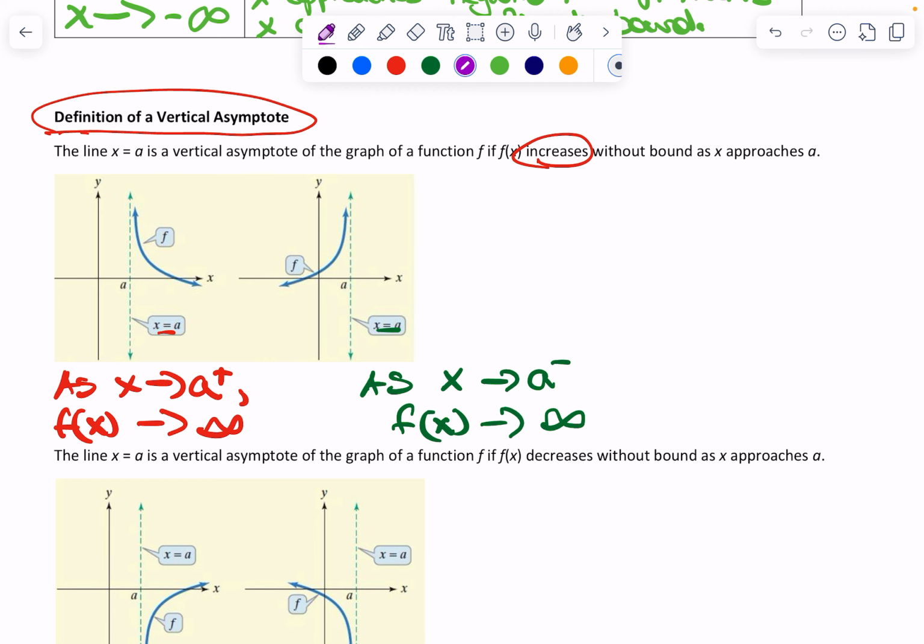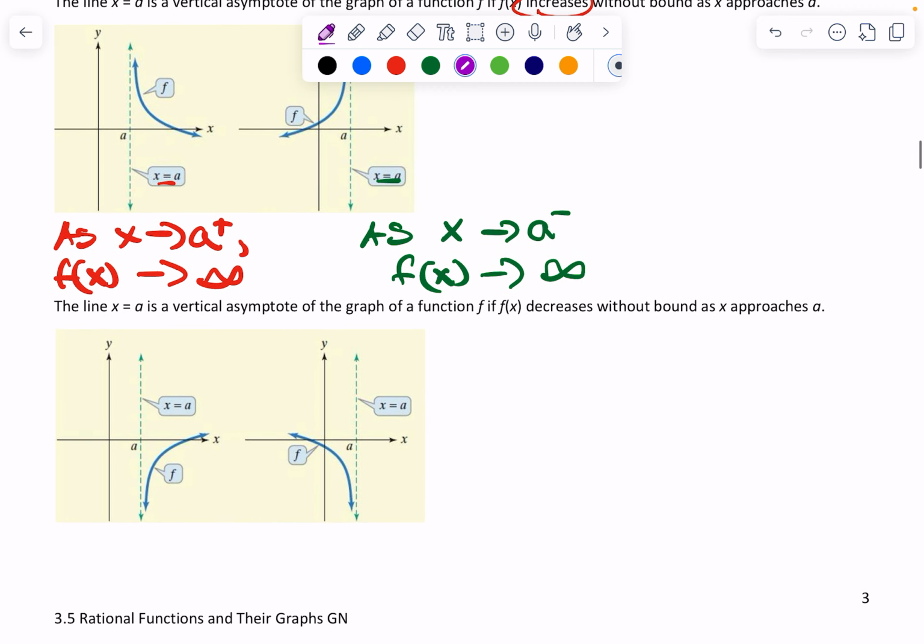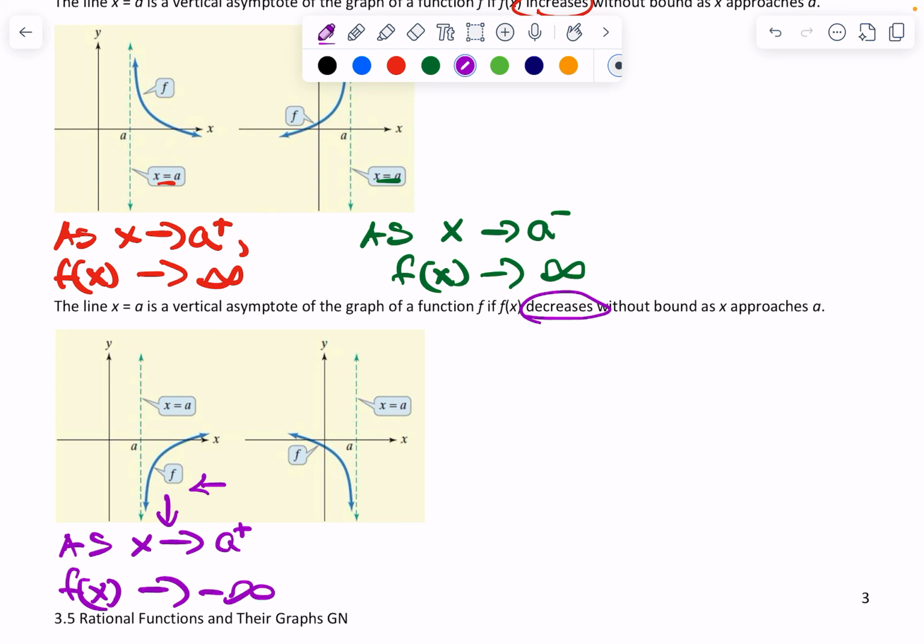Okay, same thing here. The line x equals a is a vertical asymptote of the graph of a function f if f of x decreases without bound as x approaches a. So as x approaches from the right, it's going this way, f of x keeps going down, negative infinity.